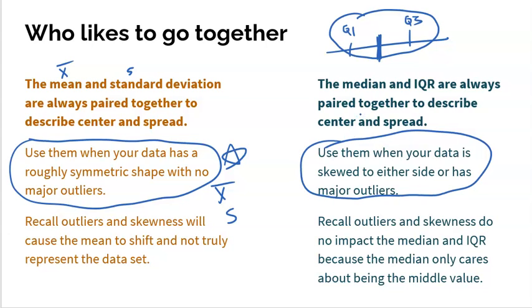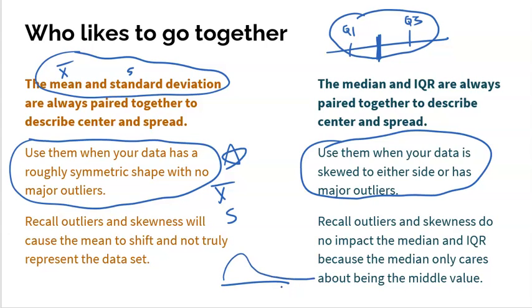Okay? Now, again, I will just say this, and some statisticians might argue with me, but the mean and standard deviation are top-notch. They are the much preferred values for talking about center and variability. But the problem is when you are skewed to the right, for example, the mean and the standard deviation can get skewed as well. They can get misconstrued.